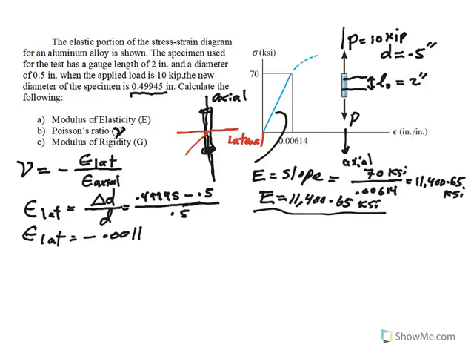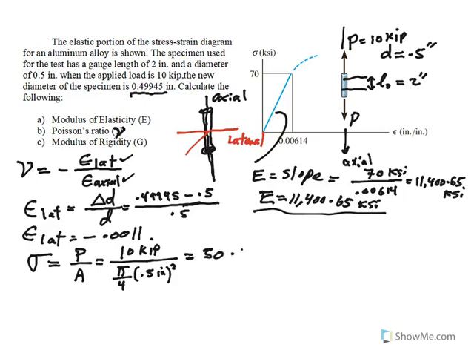Okay, so we got the lateral strain. How do we find the axial strain? To do that, we first find the axial stress, which is load divided by area. If you take the 10 kip load and divide it by the initial cross-sectional area, which is pi over 4 times diameter squared, the result comes out in KSI. That should be about 50.93 KSI.